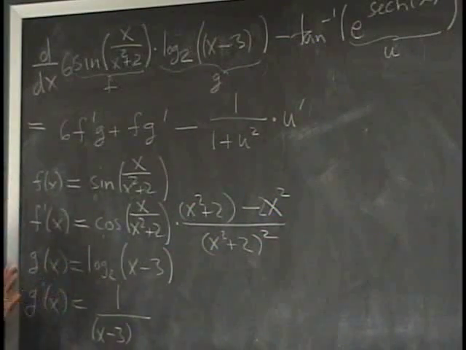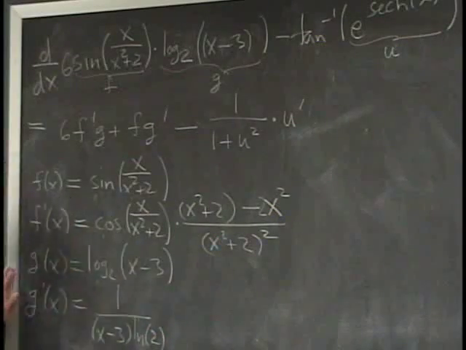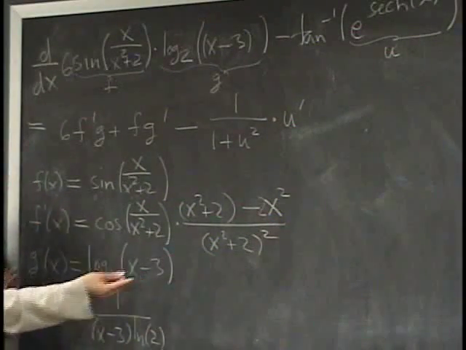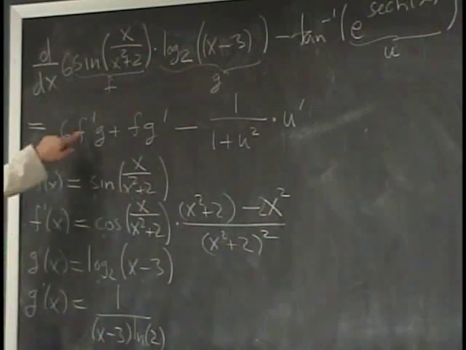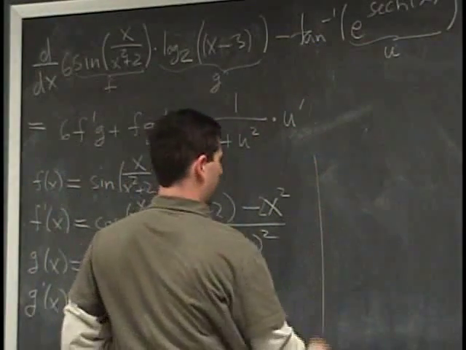If this was ln, I'd be done. But with log base 2, I have to throw in an ln of 2. Times 1, right? Because I multiply by the derivative of x minus 3. But of course that's 1, so I don't have to write it. Okay, cool. We have the f prime, we have the g prime. All right, now we just need the u prime.